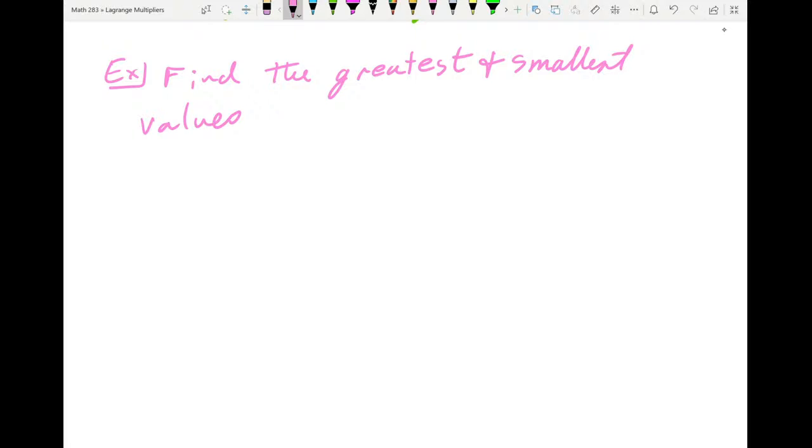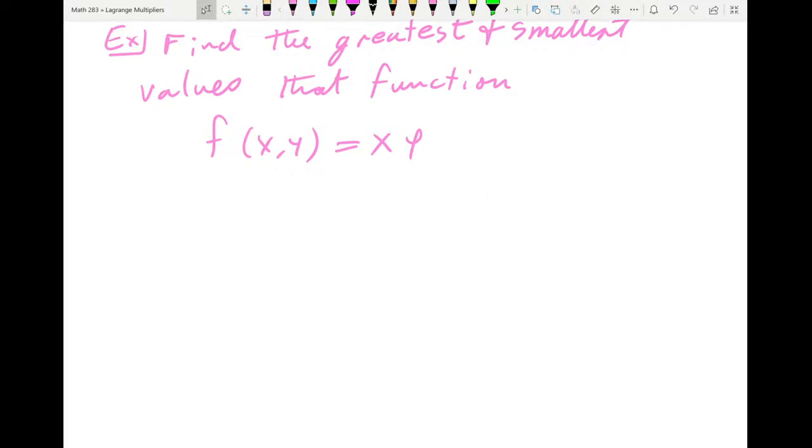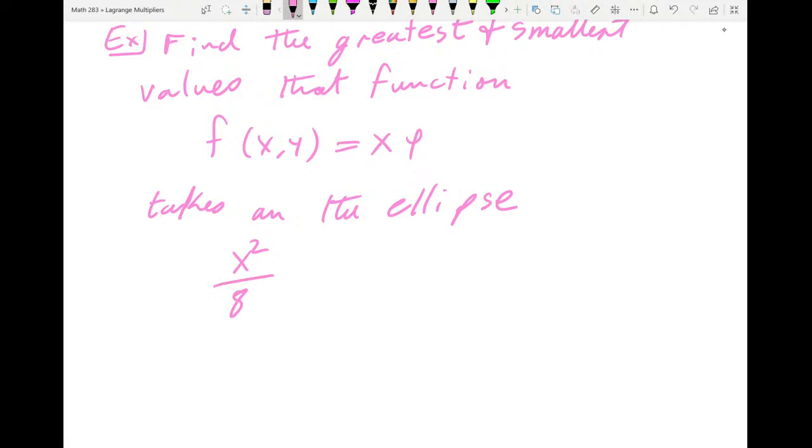So find the greatest and smallest values that the function takes on the ellipse.